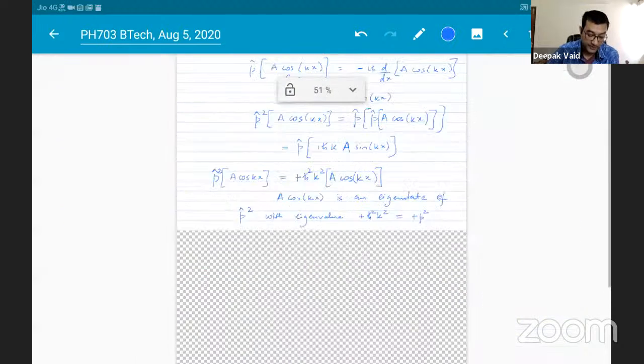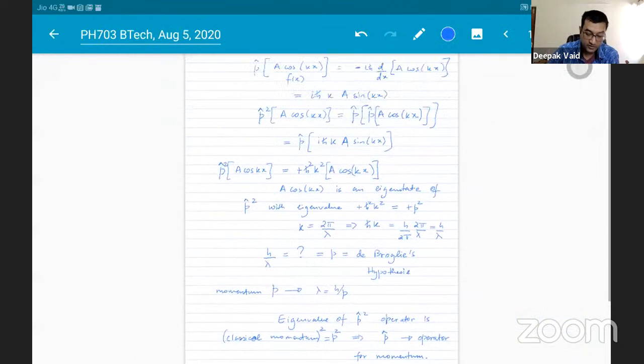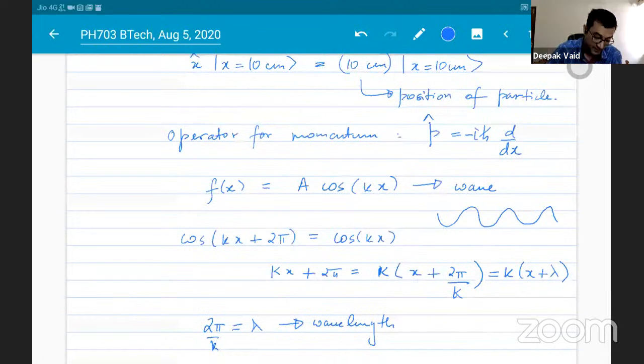Okay. So basically, all of this rests on the assumption that this function corresponds to a particle with a wave, with a certain wavelength, right? And that assumption comes from de Broglie's hypothesis.